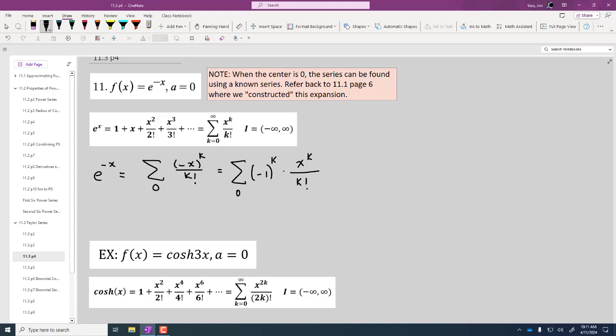The original interval of convergence is negative infinity is less than x is less than infinity. And when we replace that x with negative x, nothing's going to change. We're going to multiply both sides by negative 1, but when we multiply both sides by negative 1, we have to flip the inequality symbol.